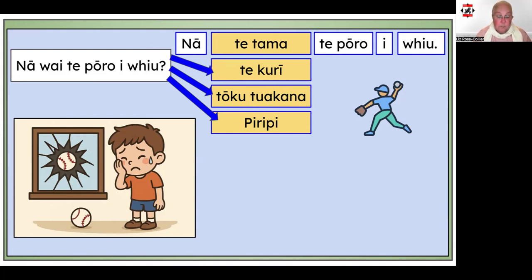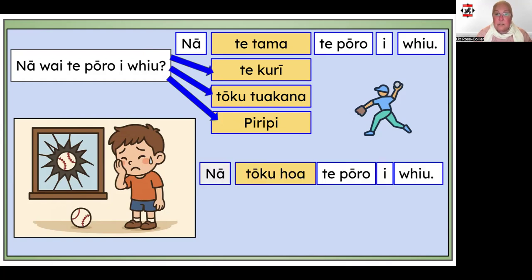If we're going to use a pronoun to replace the kaimahi, when we use a singular pronoun, we take away the nā and we use the pronoun in its place. So instead of saying nā tōku hoa, my friend, we would use nāna, he, she, or it. Nāna te pōro i whiu.